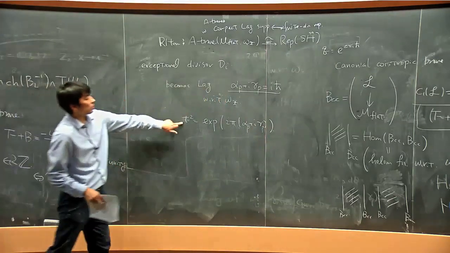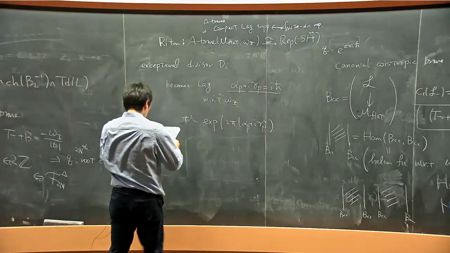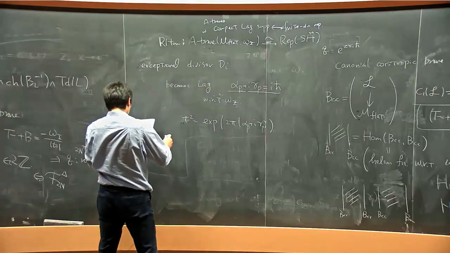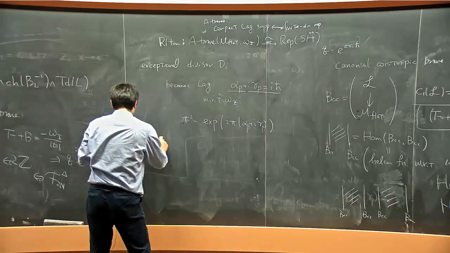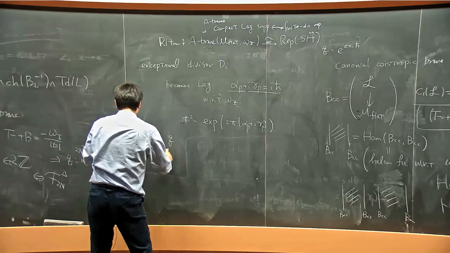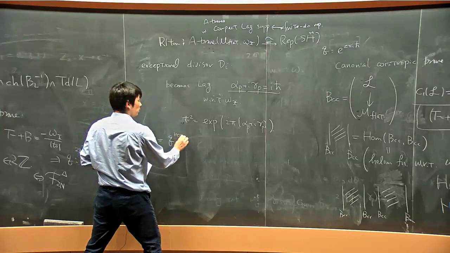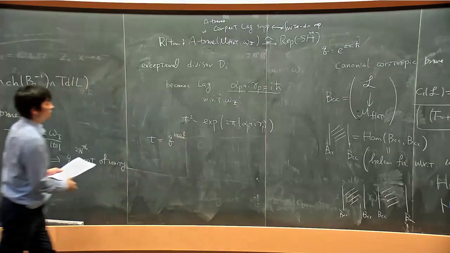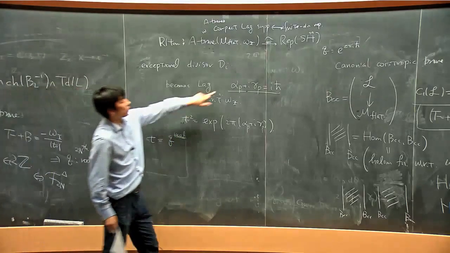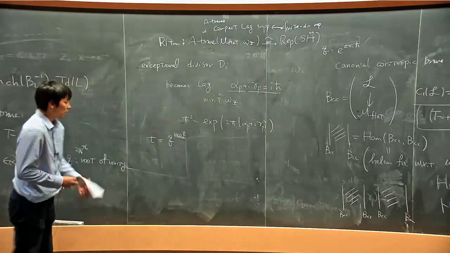And if you use this relation, one can conclude that t is equal to q to the power of some real number. If you just use these two relations, t has to be q to some real number.